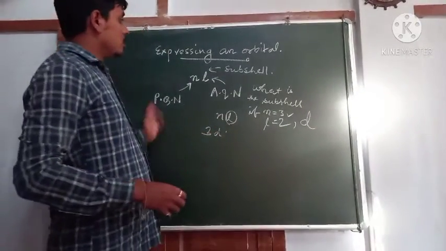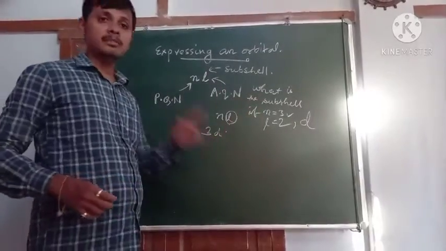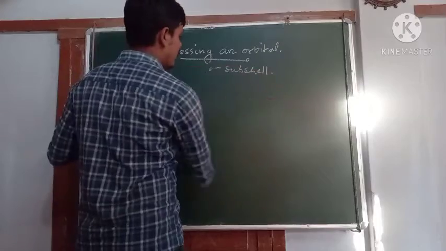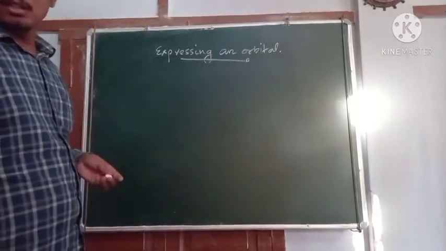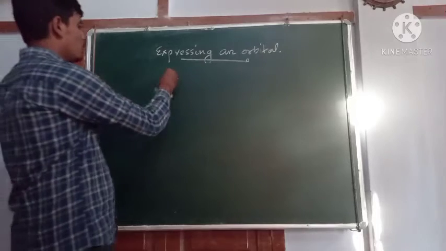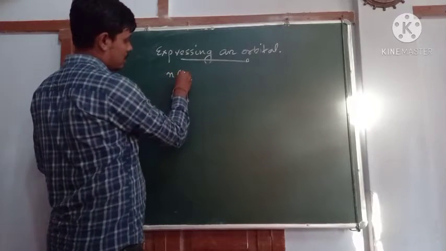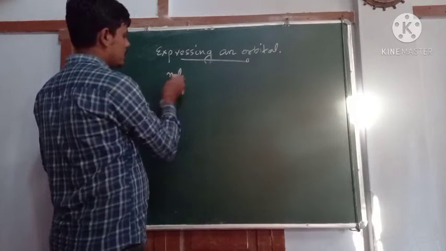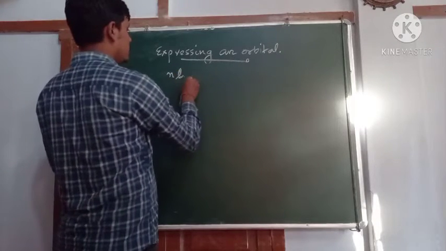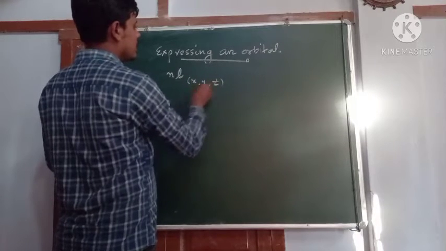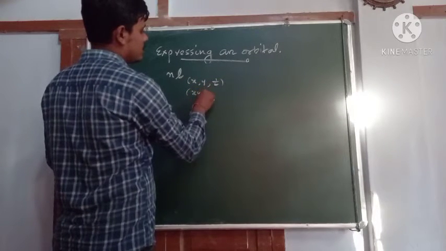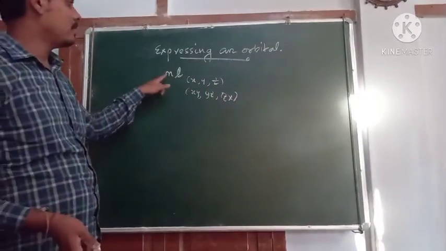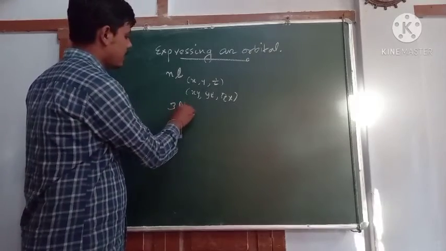Okay, so this is the first thing, how to write a subshell. Now let us see how to write an orbital. Orbitals are written as n l and after that we write a suffix: x, y, z, xy, yz, zx.